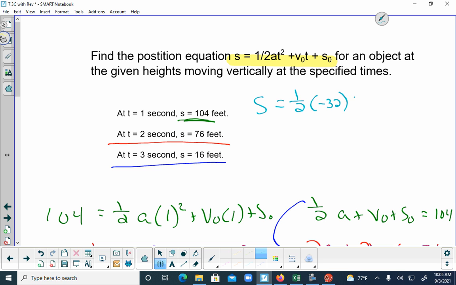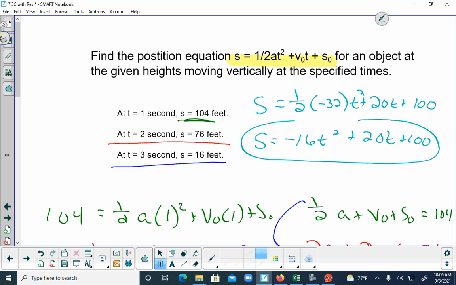You with me? Plus v sub 0, which is 20, plus s sub 0, which is 100. The last thing I'm going to have to do is multiply that 1/2 times negative 32 and get negative 16. And I forgot to square my t. And this is my final answer. That was not too terrible, was it?